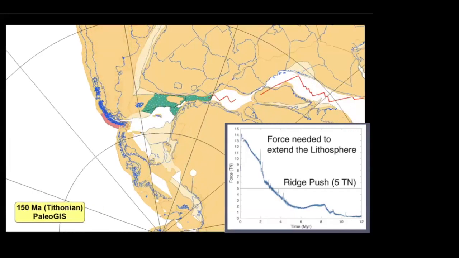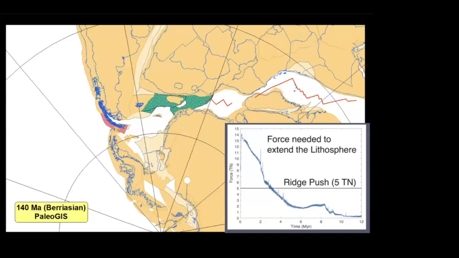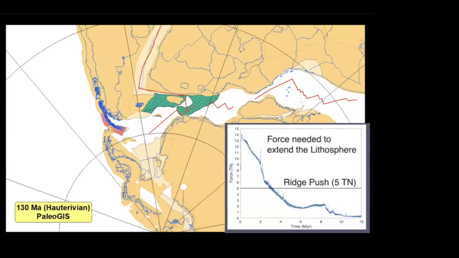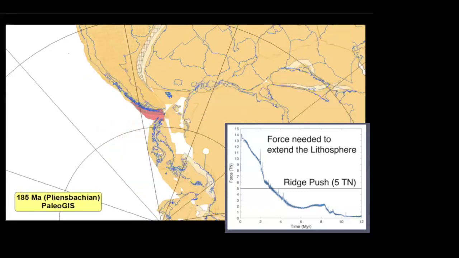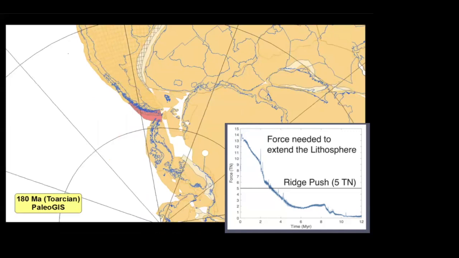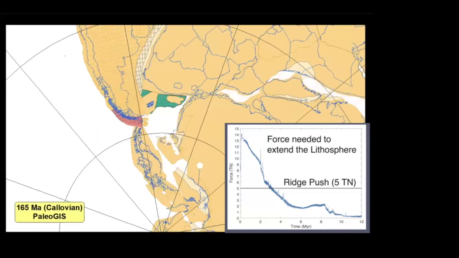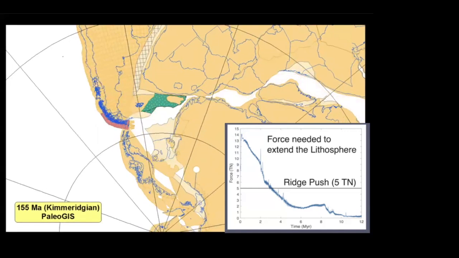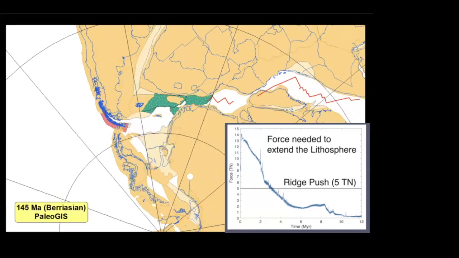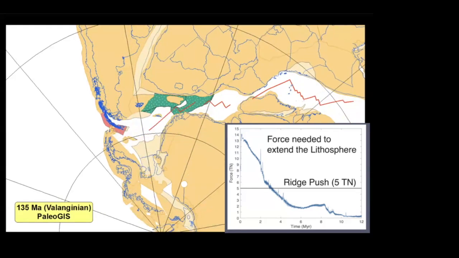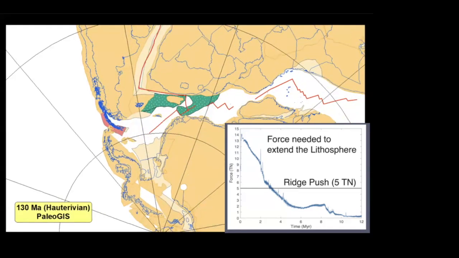If you look at the forces, right, because we have a prescribed extension rate, we're not applying a stress, we're applying a velocity. So the force required to maintain that velocity and actually break apart the lithosphere as a function of time in the model, right? So that's this line.